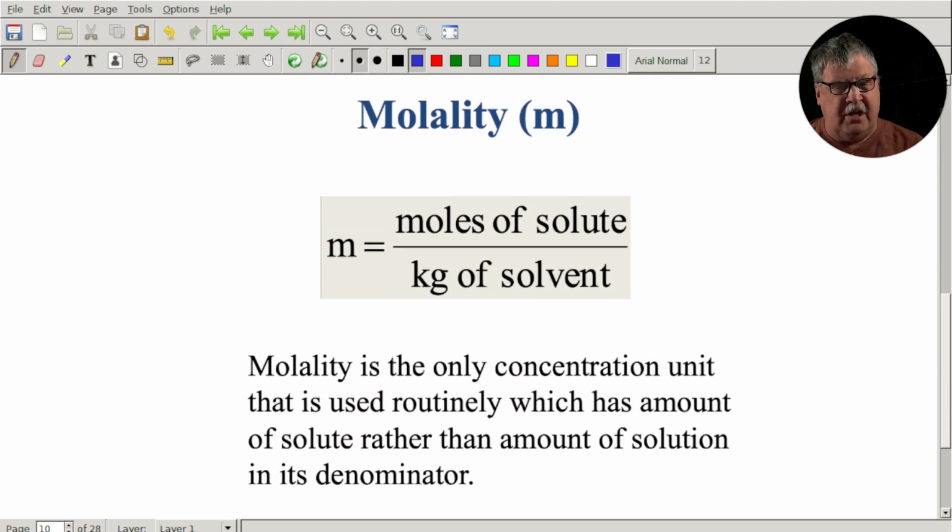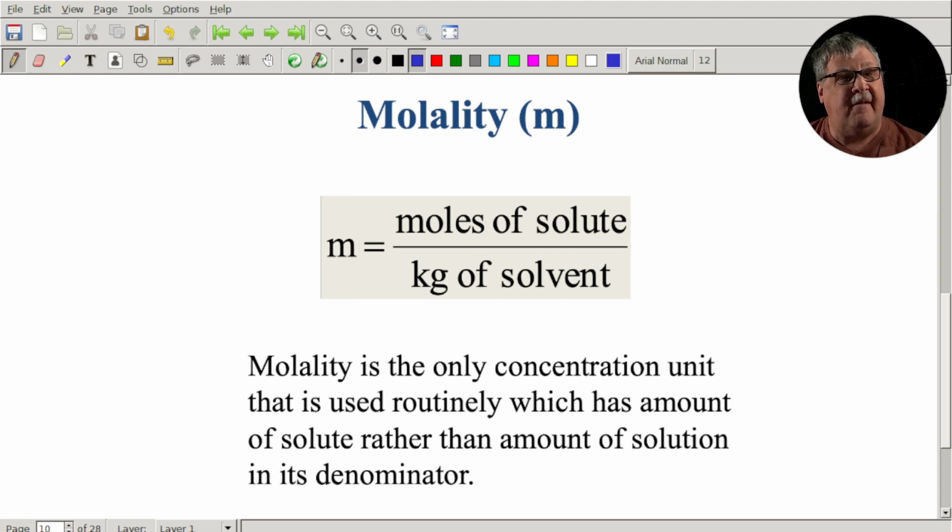Another concentration unit that you need to be aware of, and it's really specifically for this chapter that you need to think about it, is molality. Now, we denote molality with a small m. A lot of books and homework sites use an italicized small m as opposed to a small m like I've done here, so as not to confuse molality with meters.